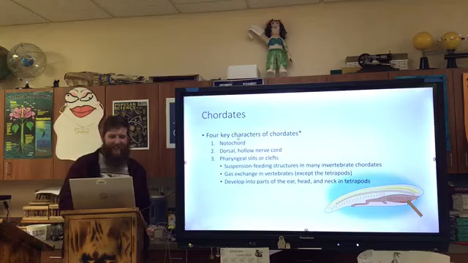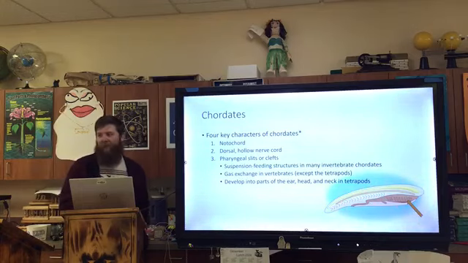All right, the next thing here are the pharyngeal slits or the pharyngeal clefts. In lots of chordates, especially our invertebrates, they keep these and use them to feed through suspension. We use them to breathe out of, except for the tetrapods. So we're talking fish here. They use them to breathe. This forms their gills at some point in time.